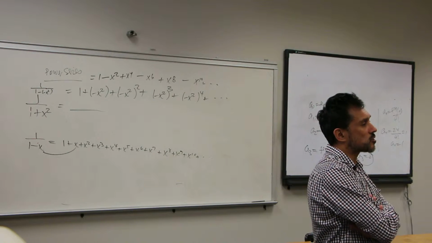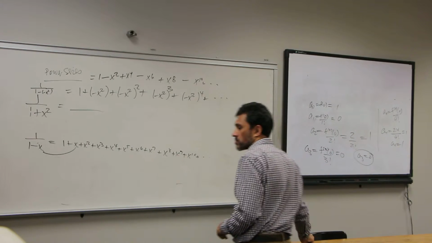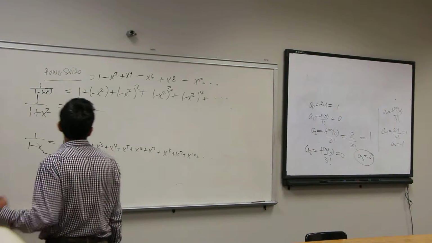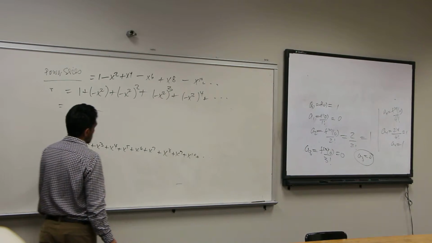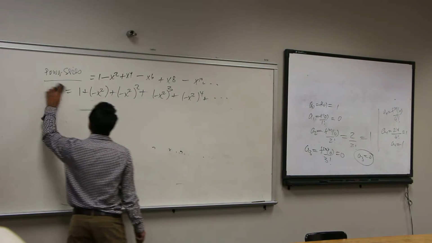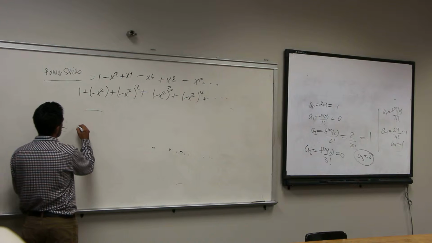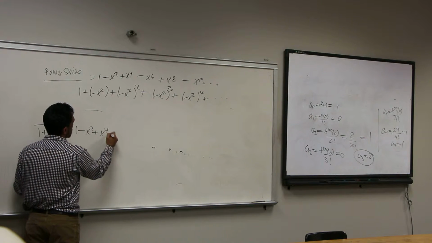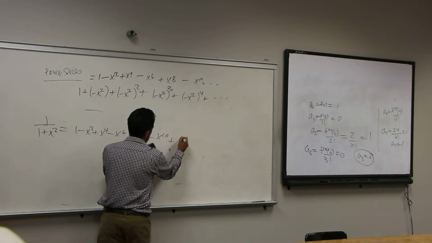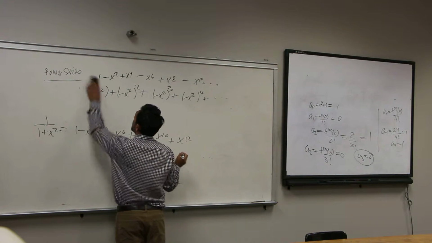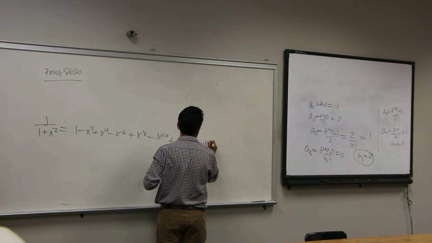So we're using series to get other series. That's a nice series. 1 over 1 plus x squared. The series is 1 minus x squared plus x to the 4 minus x to the 6 plus x to the 8 minus x to the 10 plus x to the 12 minus x to the 14.